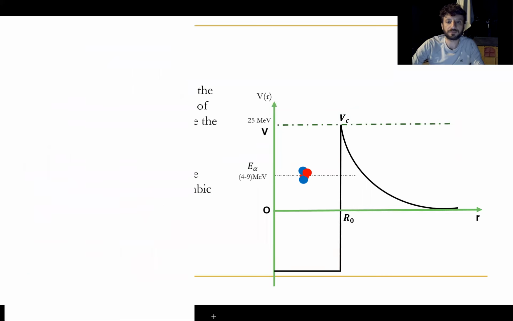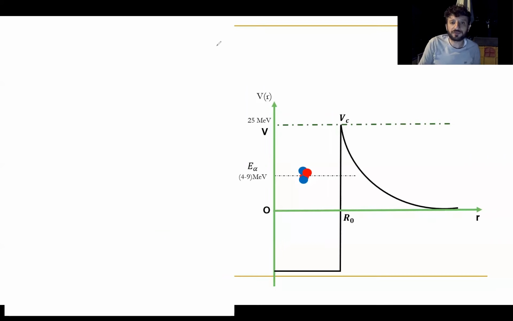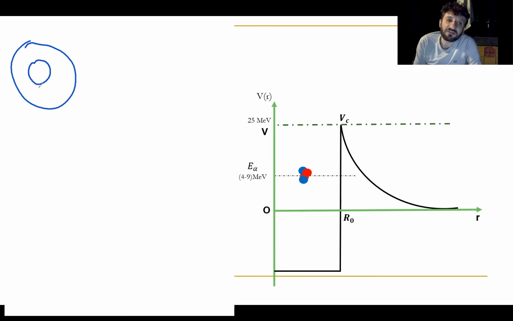In the case of one heavy nucleus with an alpha particle inside, the domination will be for the attractive potential energy. We have minus V0, here.